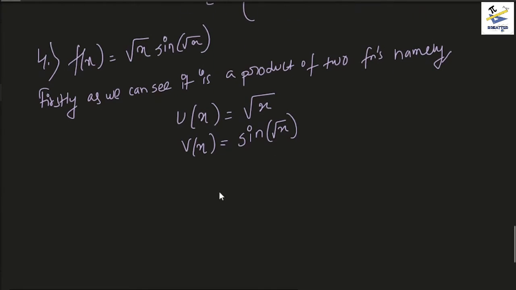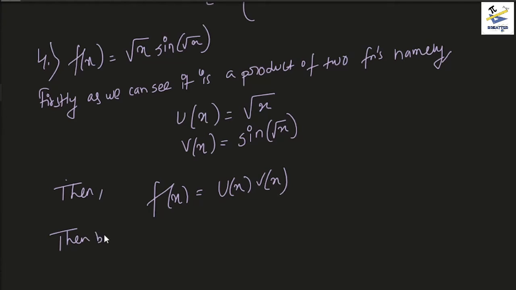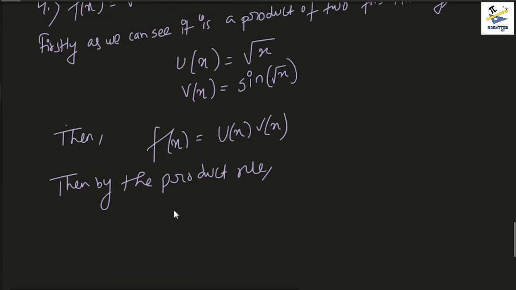So what we can do is we can firstly write that f of x equals u of x into v of x, right? Then by the product rule, f dash x would be equal to u prime x v x plus u x v prime x.